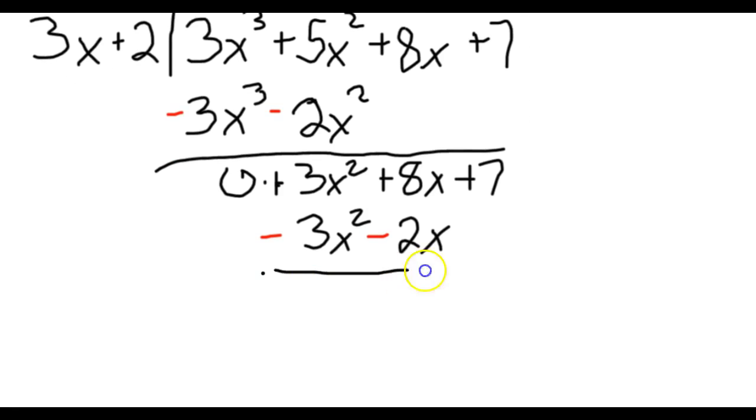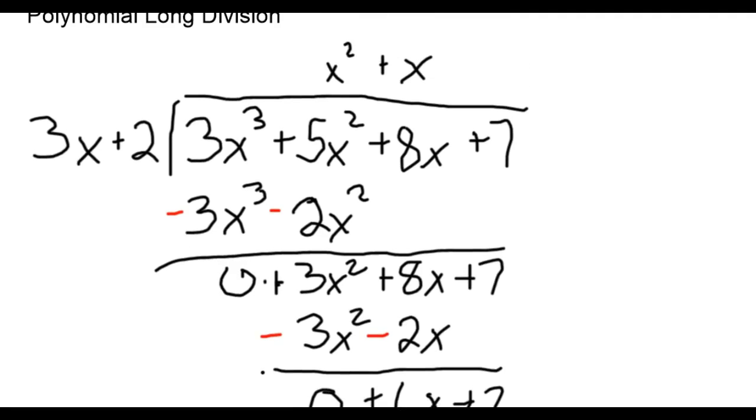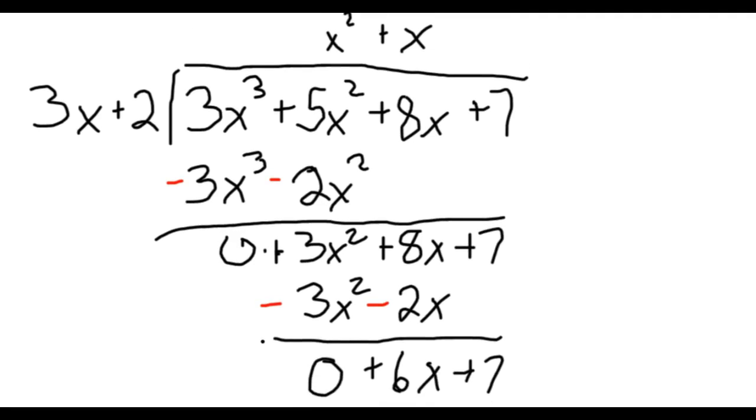So what we're left with now, this is 0. 8x minus 2x is a positive 6x. Bring down our plus 7. So we need to determine how many times does 3x go into 6x. It goes in there 2 times.